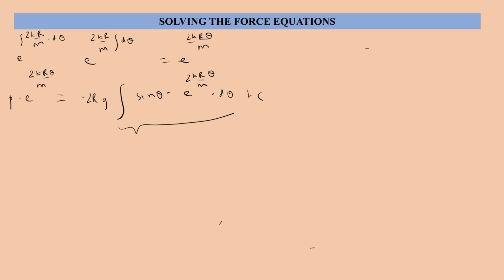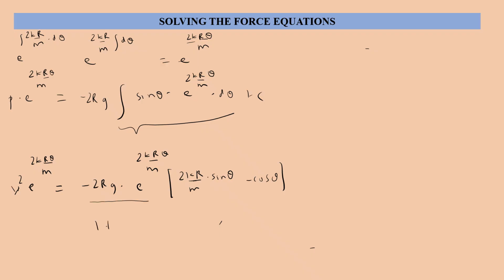P was by definition v square, so here we have v square times e to the power kr theta over m negative 2rg. And now this integral is e to the power 2kr theta divided by m multiplied by square bracket 2kr upon m times sin theta minus sin theta, divided by 1 plus 2kr upon m whole square, plus c.